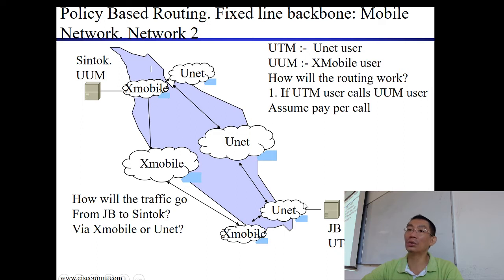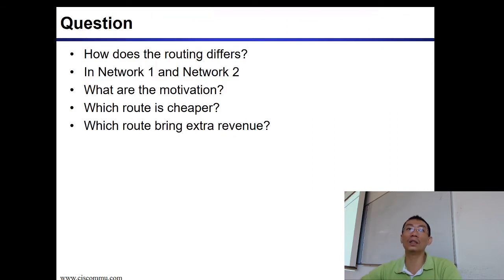Which one? This one is pay per call. How would the routing differ in those two networks? What are the motivations? Which route is cheaper? Which route brings extra revenue?